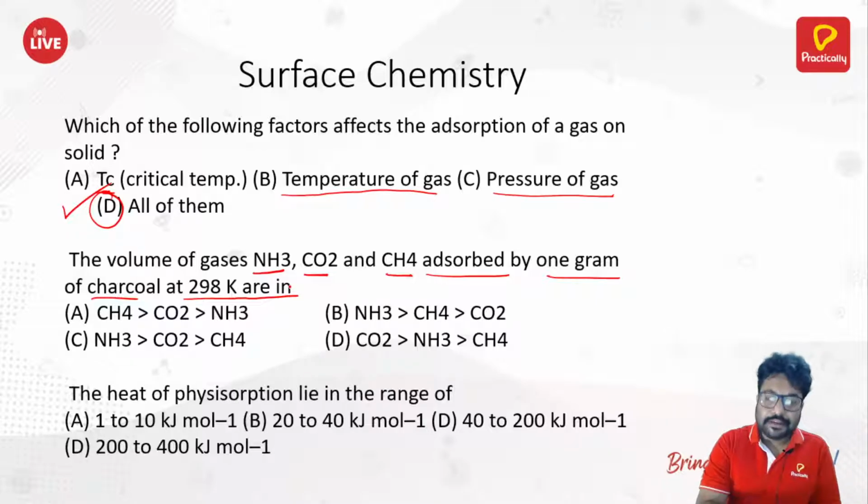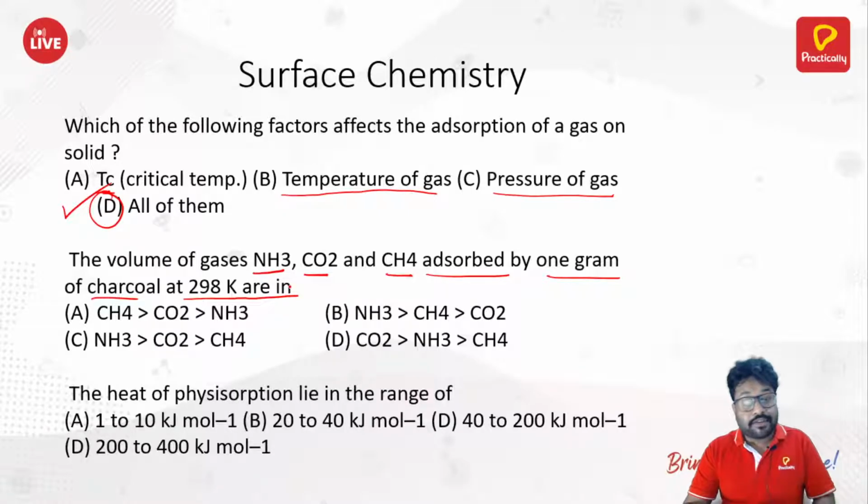The gas which is easily liquefiable gets adsorbed to the maximum amount. That means the ease with which gases get liquefied is directly proportional to the volume they are going to adsorb. Basically, gases which can be easily liquefied can be easily adsorbed.